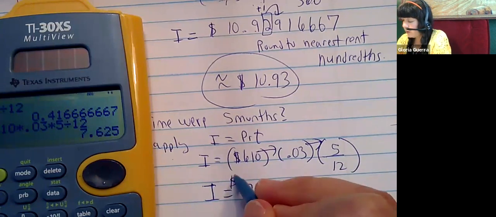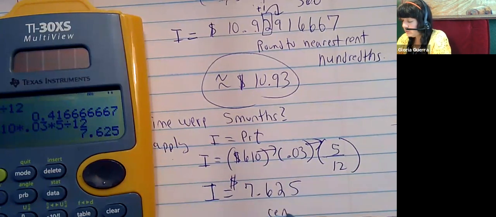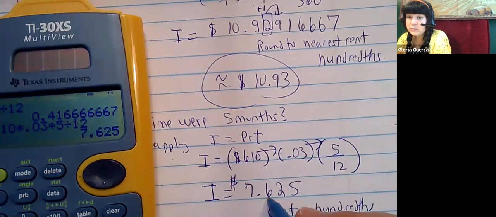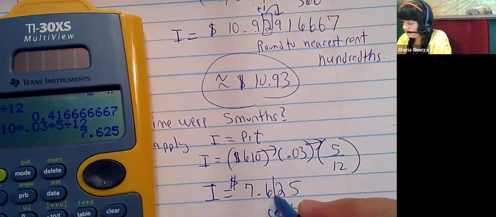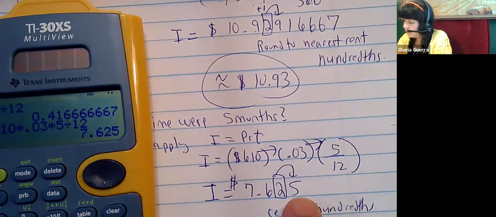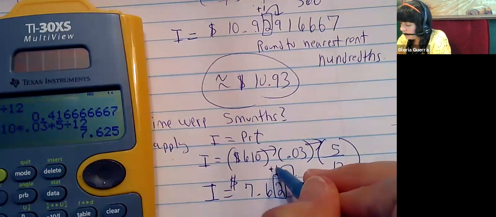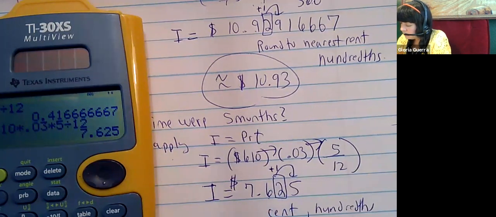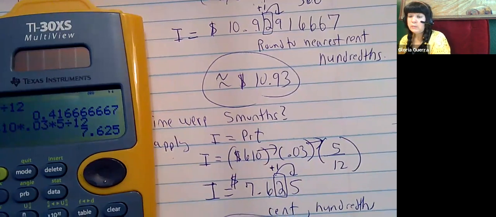If I round this to the nearest cent, that's the hundredths place. So this is tenths, hundredths. Then look at the neighbor. Is this neighbor 5 or more? Yes, it is. So add 1 to that. So I is approximately 7.63.